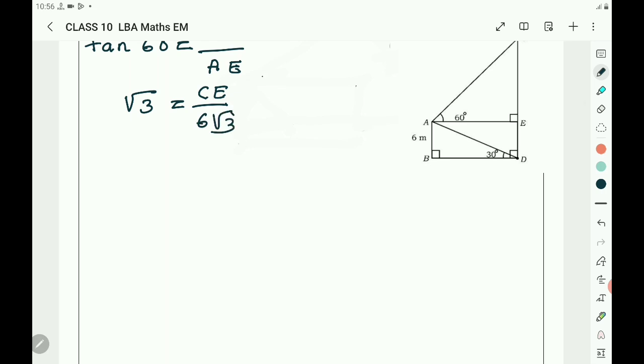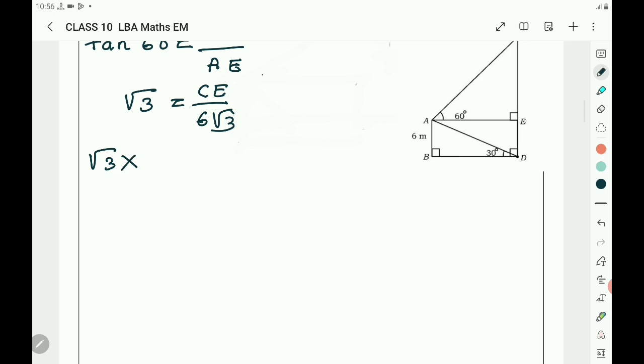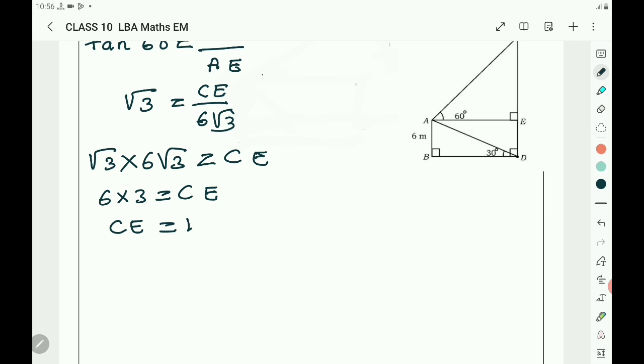Then root 3 into 6 root 3 is equals to CE. Then root 3 into root 3 is 3. So you got 6 into 3 is equals to CE. Then CE is equals to what? 18.